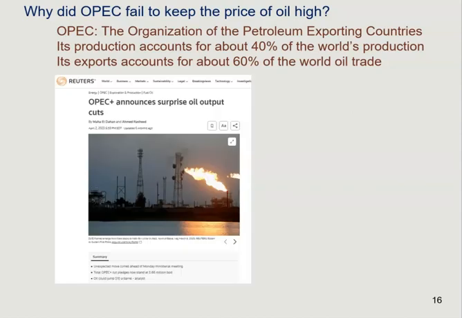But before we start the graphical theoretical analysis, I would also like to share two economic headlines we found this year. The first: OPEC Plus announces surprise oil output cuts, back in April this year.